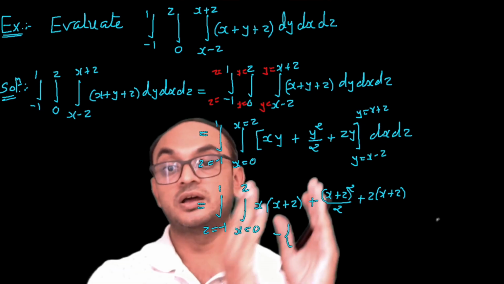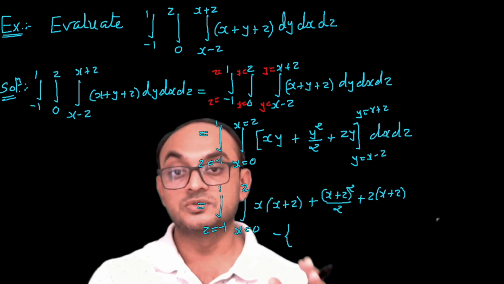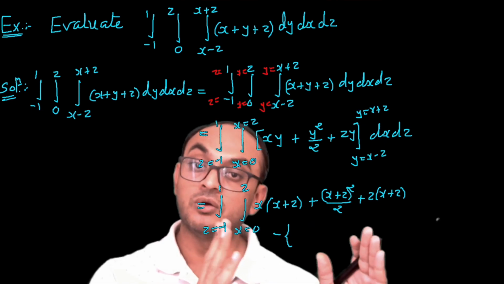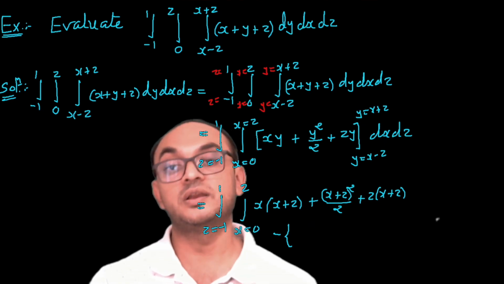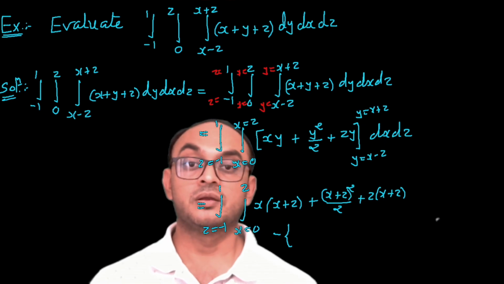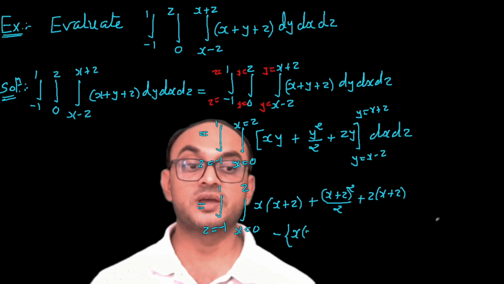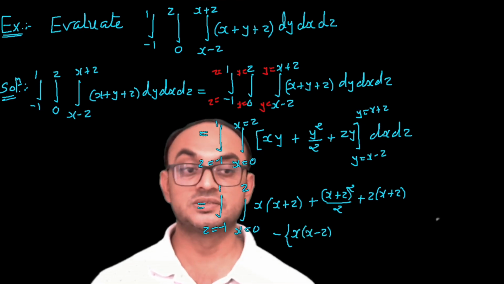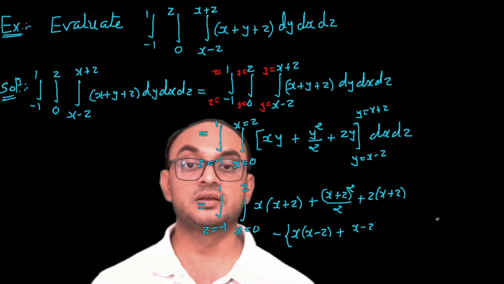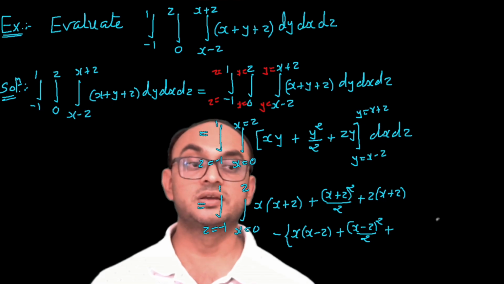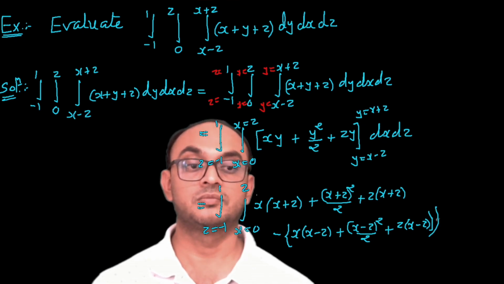Keep in mind there is more than one term, so please write the minus sign and put all this quantity in a separate curly bracket. What is y now? The lower limit is x minus z. So I am writing x into x minus z, plus x minus z whole square divided by 2, plus z into x minus z, whole dx dz.